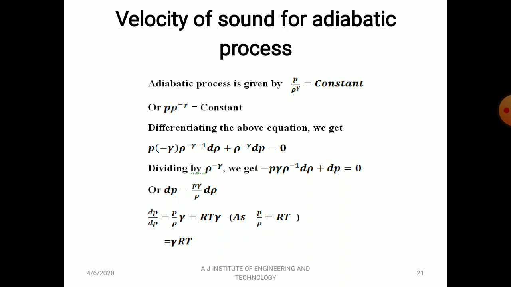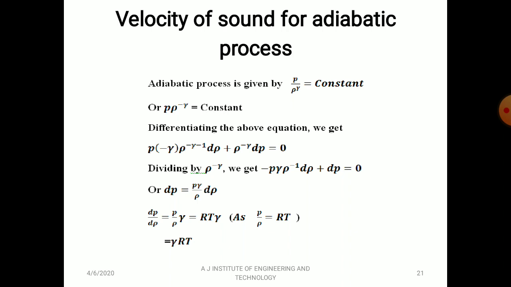Differentiating the above equation, considering P and rho to the power minus gamma as variables, and applying the product rule, considering P as the first term and rho to the power minus gamma as the second term. So P into minus gamma into rho to the power minus gamma minus 1 into d rho plus rho to the power minus gamma into dp equal to 0.